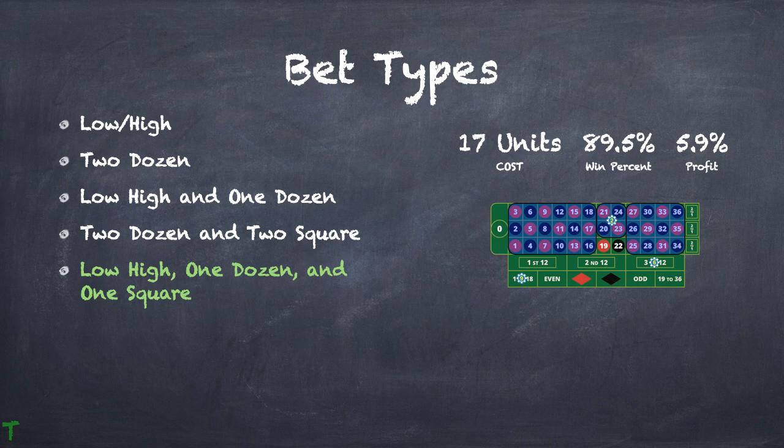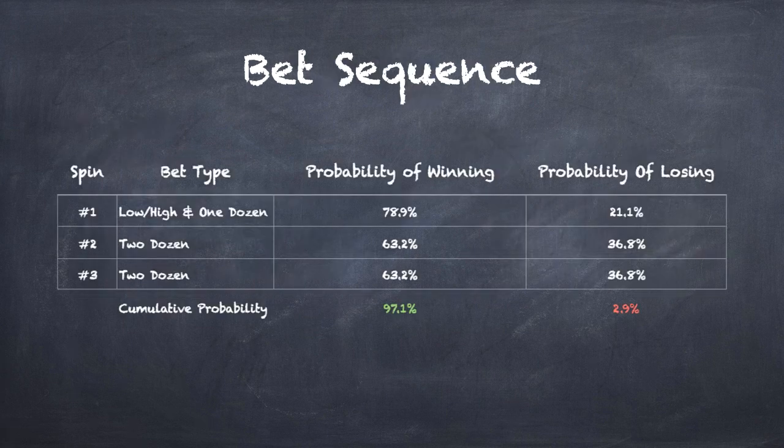So what we then do with all of these bet types is when we put the bet types together, we're actually allowed to control what our odds of success could be. In this particular example, if we start off with our very first bet in our bet sequence with a low, high, and 1 dozen, we have a probability of winning 78.9%. If we lose that and then go to a 2 dozen bet, that 2 dozen bet has a 63.2% chance of success.